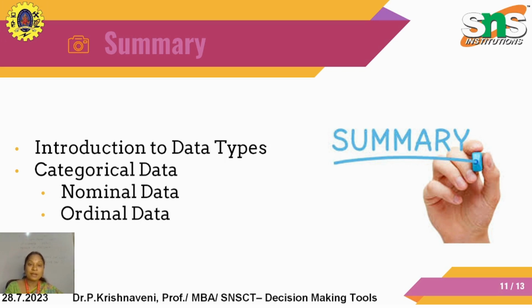All these things are very important, because to make the correct visualization as well as the right statistical tool selection, we should be aware of the data types. Hopefully this is useful for you. In the next session we will see the rest of the data types. Thank you.